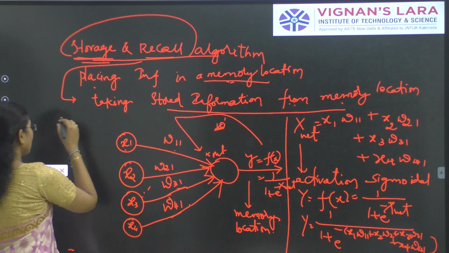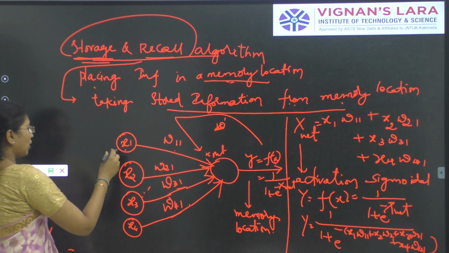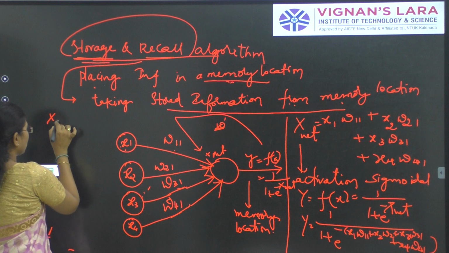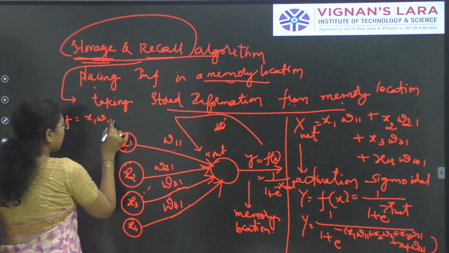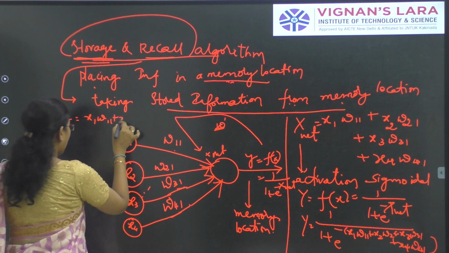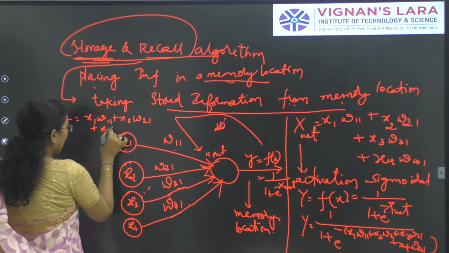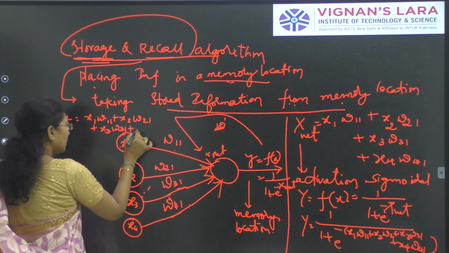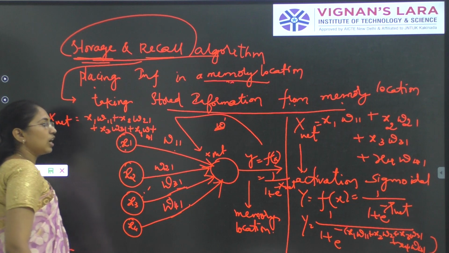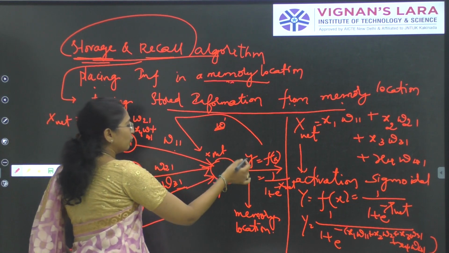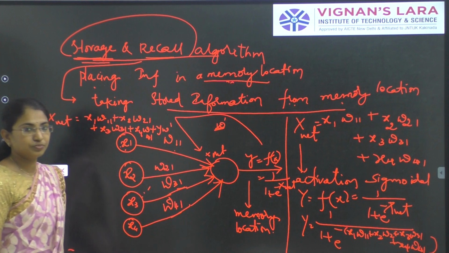Now again you need to perform numerical computation of the system. You need to find xnet first. So for xnet, what are the inputs? x1 w11 plus x2 w21 plus x3 w31 plus x4 w41 plus, in addition to that, what is your other input? y is fed as one of the inputs through w dash.